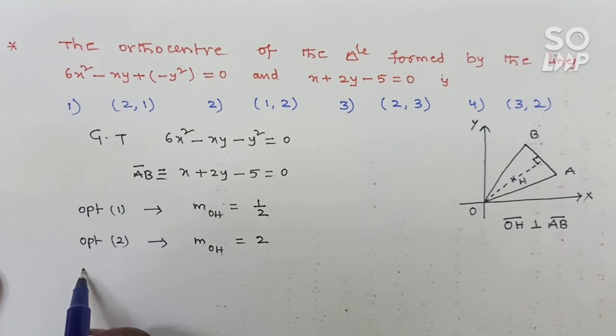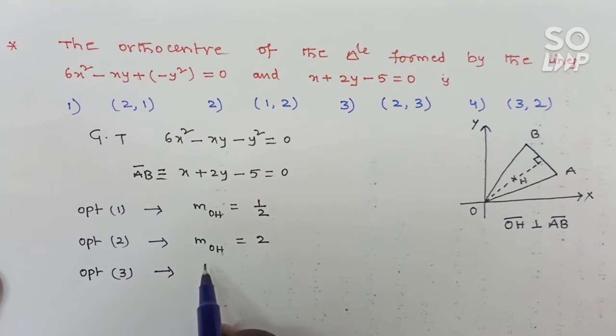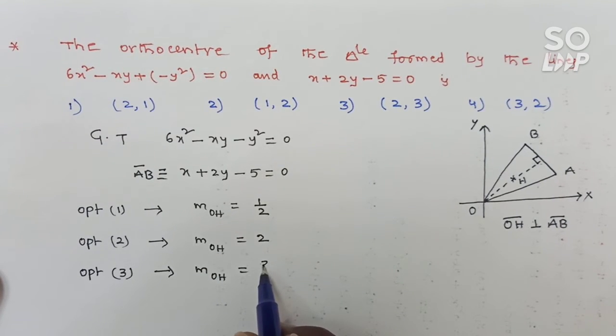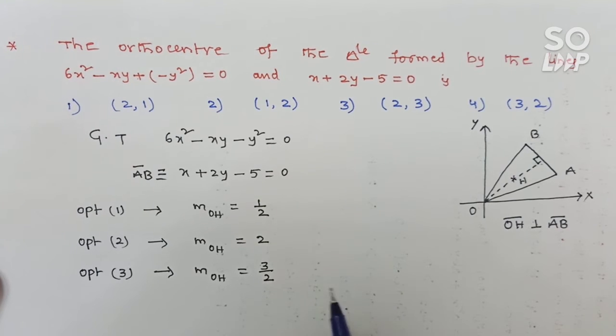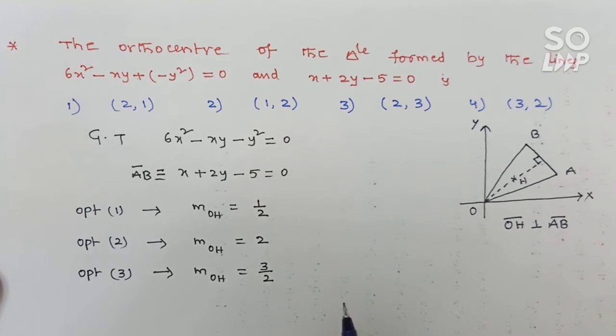Now check option 3. The slope of OH is 3/2. The slope of AB is −1/2. So the product is also not equal to −1.